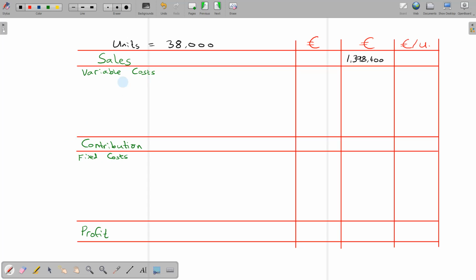Then as part of variable costs, we will have materials, direct labor, factory overheads, and sales commission.